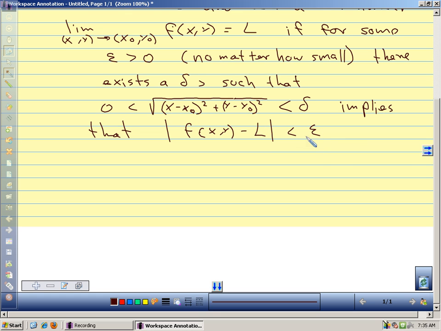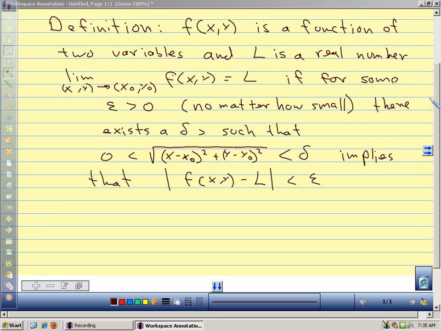So this definition tells us what we mean by close together, because a limit is really telling us something about when things are close together. Our definition tells us that when our domain value is close to (x0,y0), because we're trying to make it this small number, that implies that our function values are close to the limit.